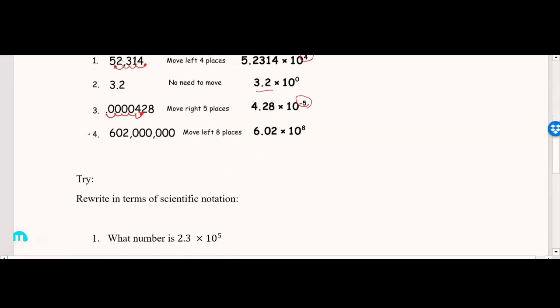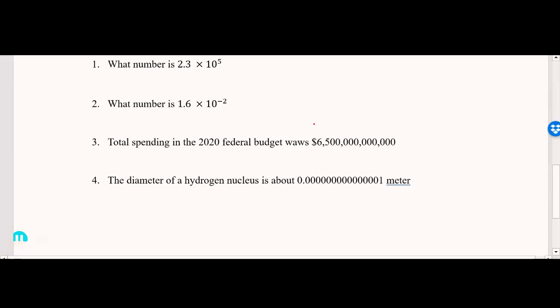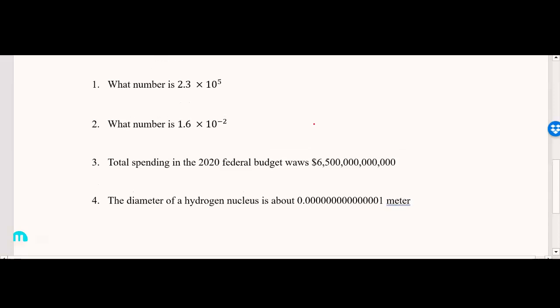That's basically the rules. And so let's try some of these and see how we do. We want to write either the number in standard form, or we're going to write it in scientific notation. Now notice this one. It says what number is 2.3 times 10 to the 5th.